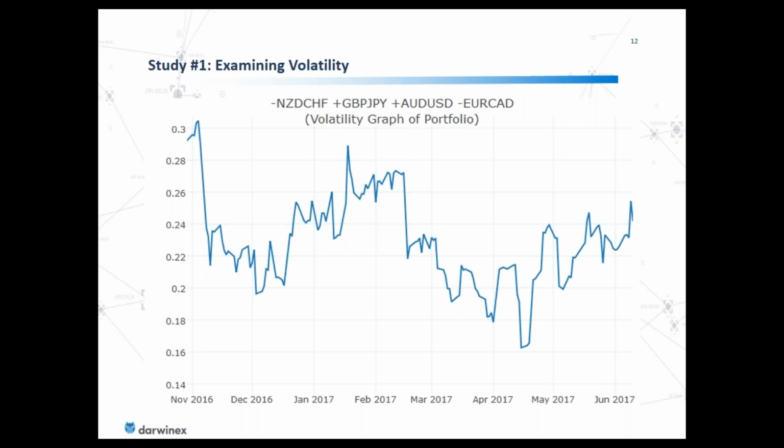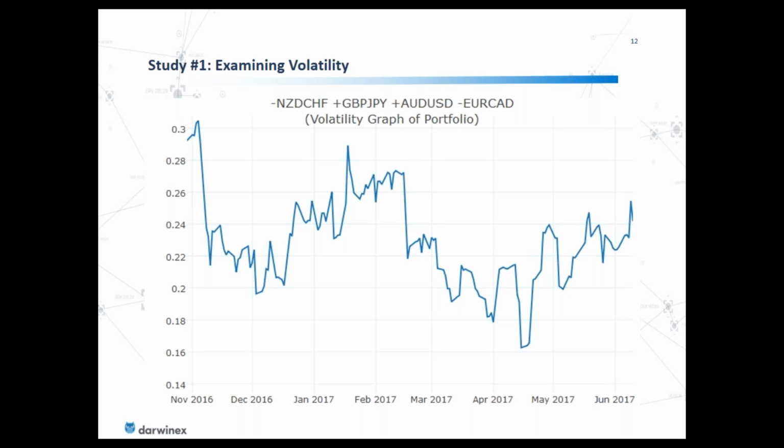And once we're done constructing this portfolio and calculating standard deviations of 21-day returns on them, the volatility presents itself as you can see. Cyclical behavior ranging between 0.16 and 0.3, and of particular interest is how much it changes over this brief period of time.